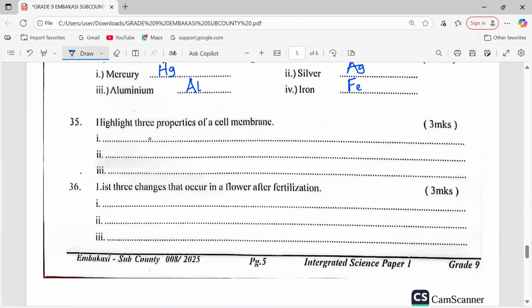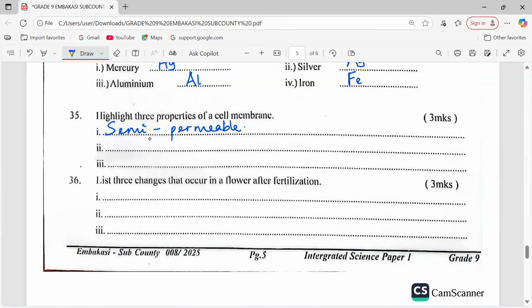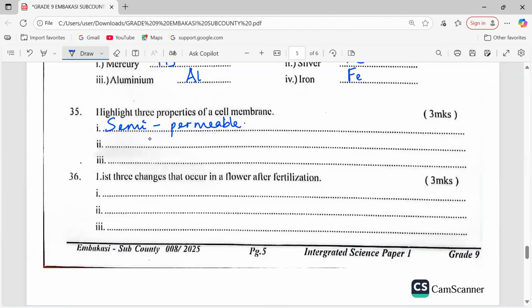Highlight three properties of a cell membrane. A cell membrane, one, is semi-permeable, meaning that selectively it allows materials in and out of the cell. Another property is that it's sensitive to changes in temperature and pH.